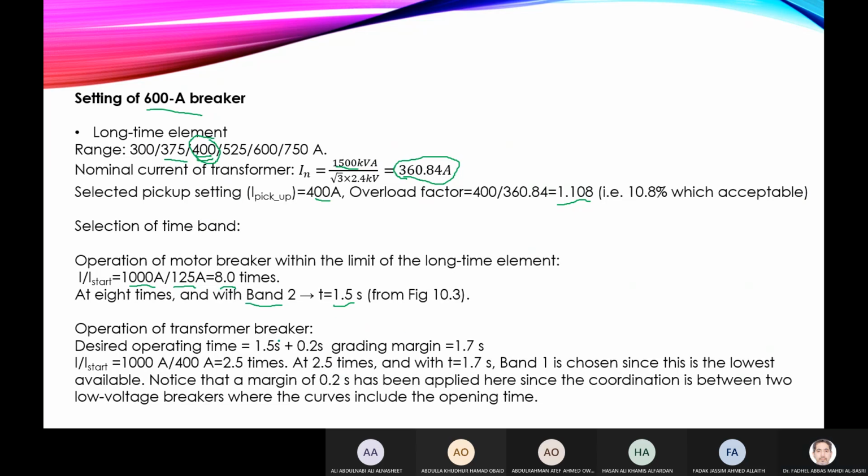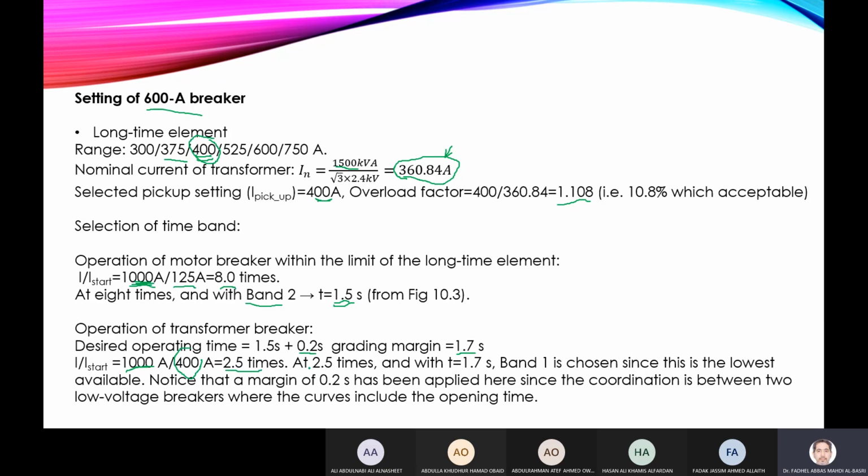Now for the transformer breaker, which is the 600 ampere breaker, I have to add a coordination time: 1.5 plus the coordination time of 0.2 seconds between low voltage breakers. I covered this in the overcurrent protection, and that gives 1.7 seconds. If you go to 1000 over the 400 pickup setting of this transformer breaker, I have to use the same current for coordination, 1000 ampere, at which I calculated the 200 breaker time.